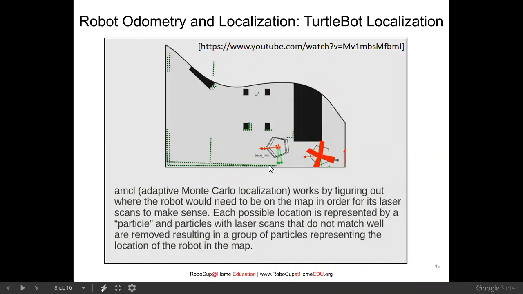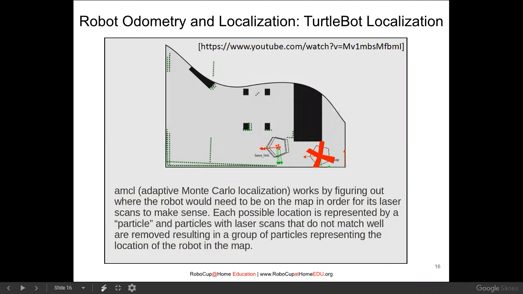Based on these changes, you can reduce the particles that you previously estimated. When this process continues, eventually you will only find the last possibility that can match all the sensor data throughout the whole course. That is how we can finally estimate the location.